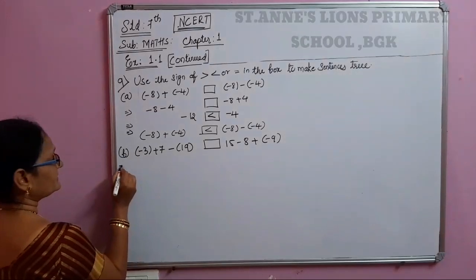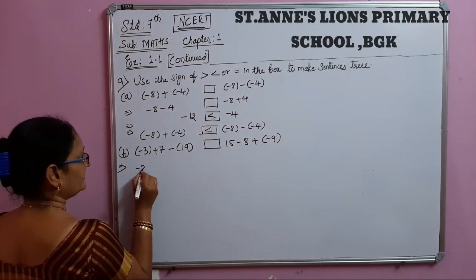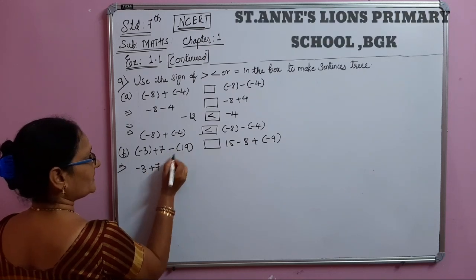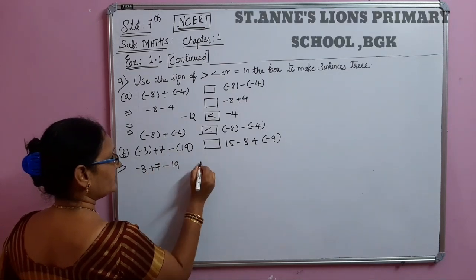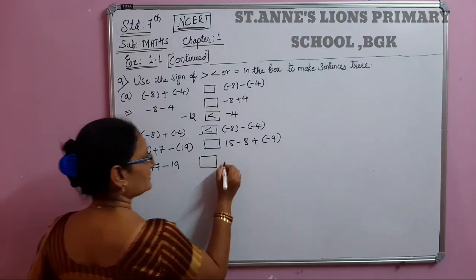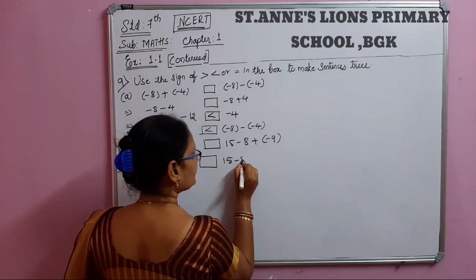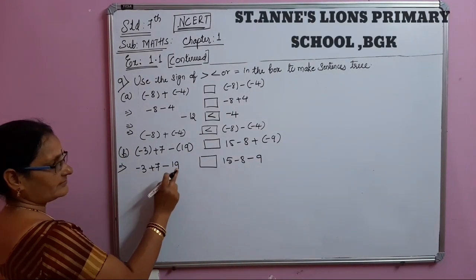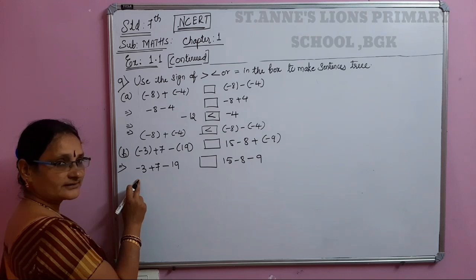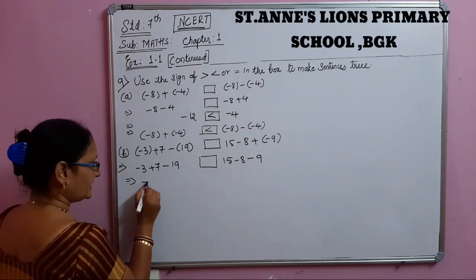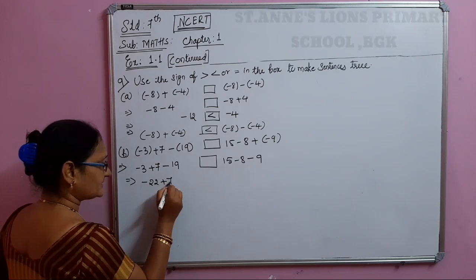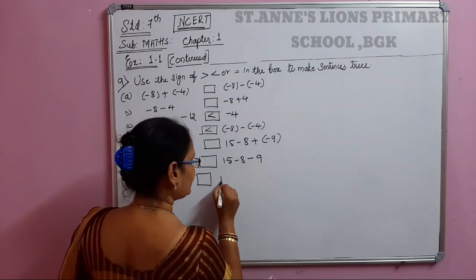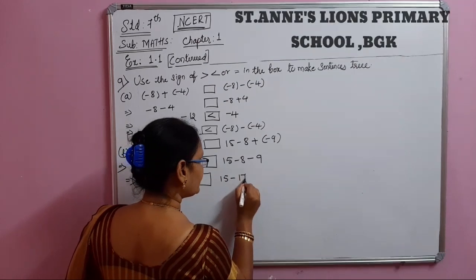Okay, now we will see: minus 3 plus 7 minus into plus is minus 19, as it is, box, 15 minus 8 plus into minus 9. Now see, minus 3 minus 19, two negative numbers will be added. So that is minus 22 plus 7, box, minus 8 minus 9 is minus 17, 15 minus 17.